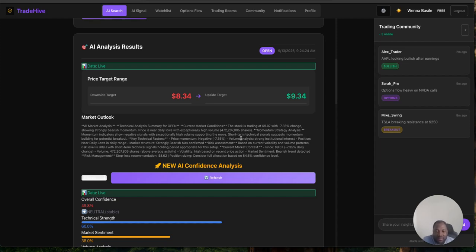And then the volume, right? The volume analysis shows very strong institutional interest, right? So for those who like to read, zoom into things and understand them, they know that if there's strong institutional interest in a stock, the stock is more likely to go up, right?